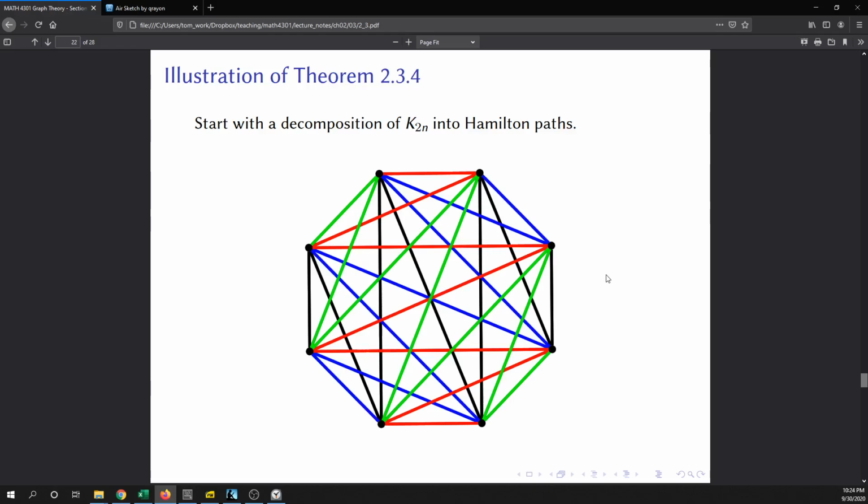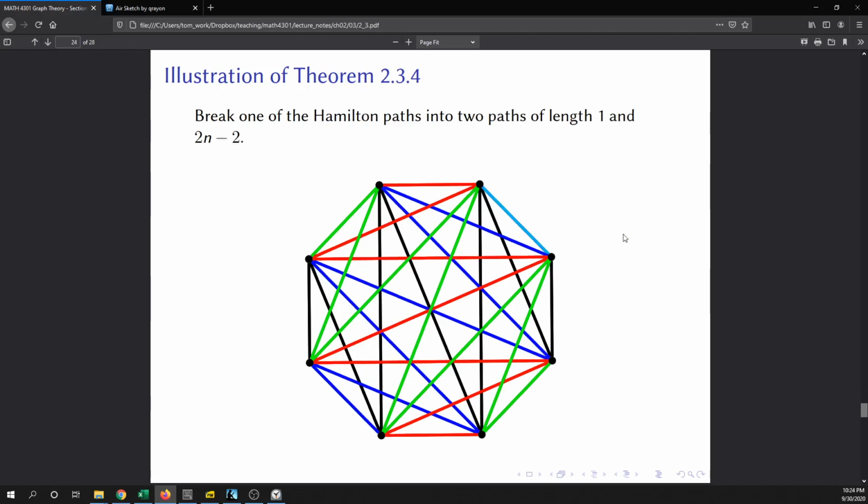So there's that decomposition guaranteed by the previous theorem. And then what I'm going to do is, first off, keep one of the Hamilton paths. So I'm going to keep the black one intact. That's the path of length 7 in this case, or 2n-1 in the general case. And then I'm going to break one of those Hamilton paths into 2 paths, one of length 1 and the other of length 2n-2. I did that with the blue path.